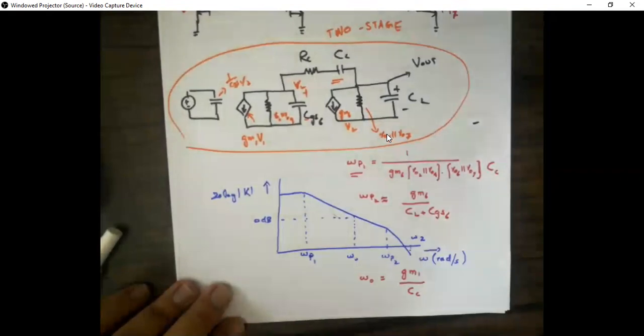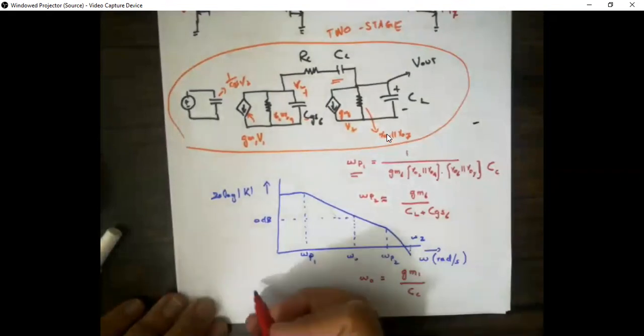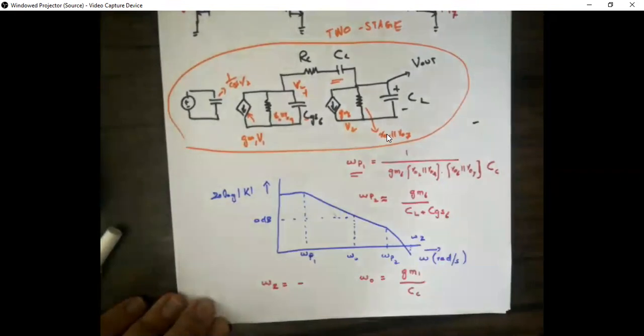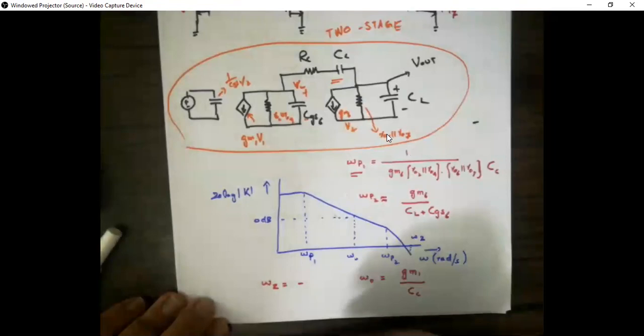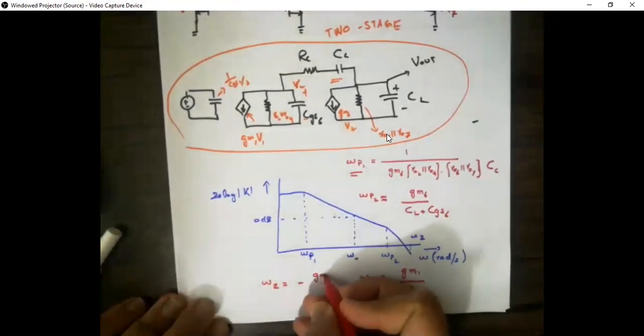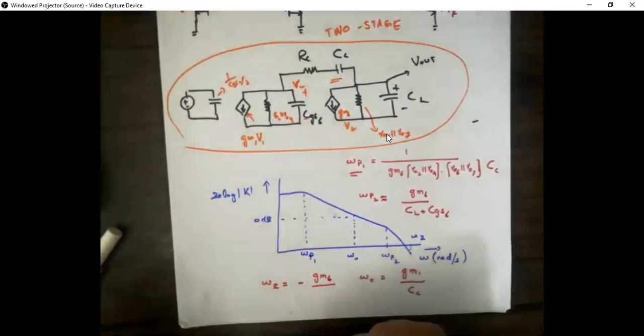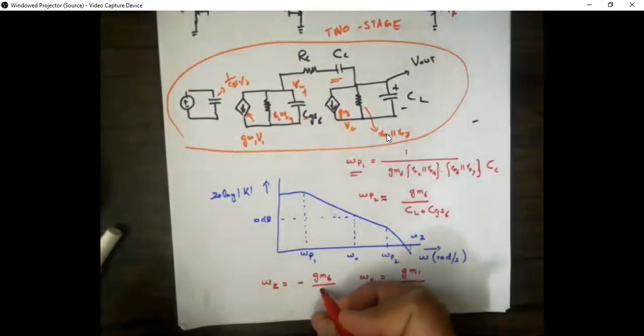So these were all on the x-axis regarding the poles. And we also figured out omega z was a negative frequency. So omega z was equivalent to minus GM6 divided by, so it was also dependent on CC for us. And then if we just want to find this value, we can write directly CC.